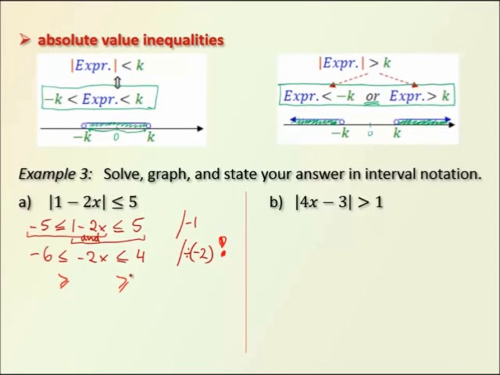So -6 divided by -2 is 3. This -2 will be gone, so it's just x. And 4 divided by -2 is -2. As you see, we have a very nice final answer. x is in between -2 and 3. It oscillates between -2 and 3. We can draw it on the number line. -2 is more to the left, so let's say it's here with a closed circle.